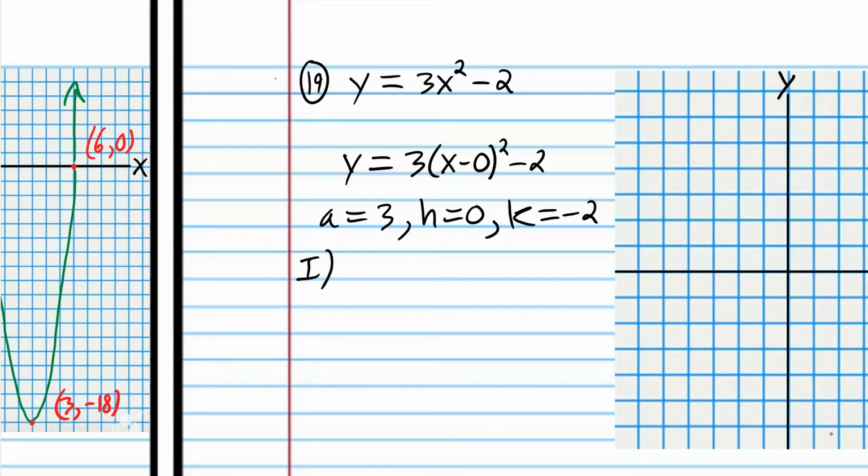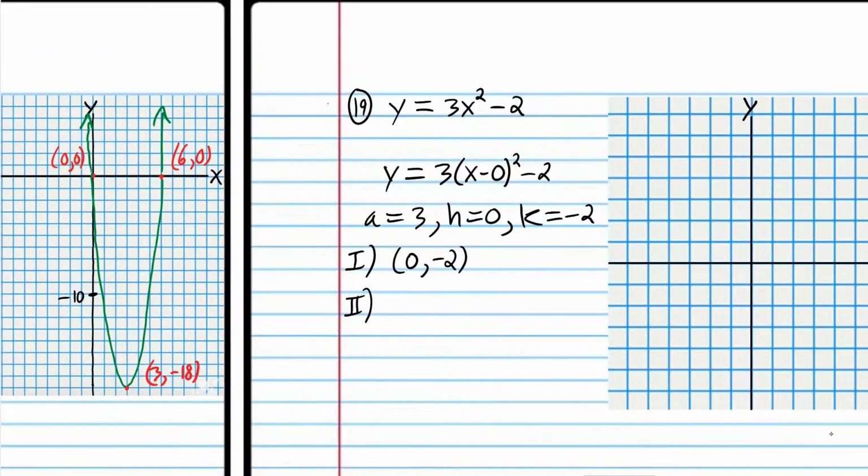So step 1 is to find the vertex, and we already have the vertex. It's just 0, negative 2. Step 2 is to find a point around that vertex, and I'm going to use x equals 1. So if x equals 1, then y is equal to 3 times 1 squared minus 2. And just to be clear, I got that 1 from there.